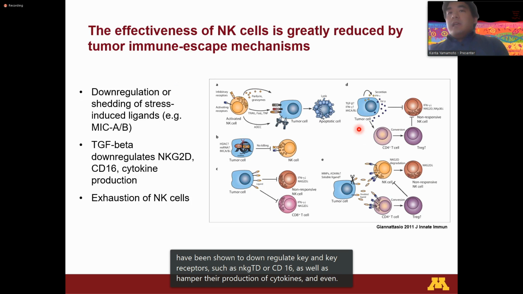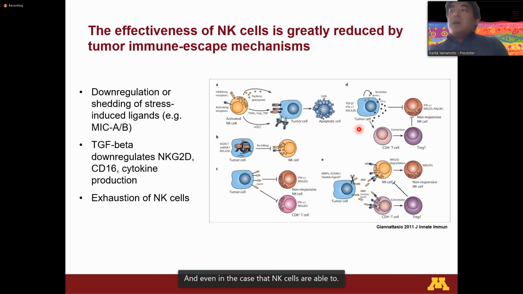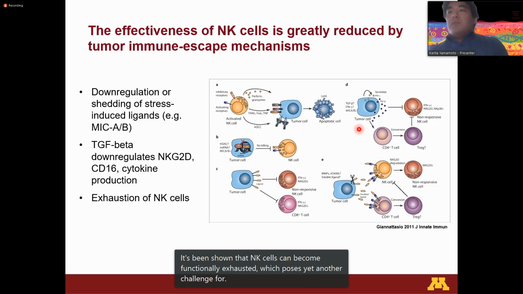And even in the case that NK cells are able to overcome these obstacles, with prolonged and persistent stimulation, it's been shown that NK cells can become functionally exhausted, which poses yet another challenge for this approach.